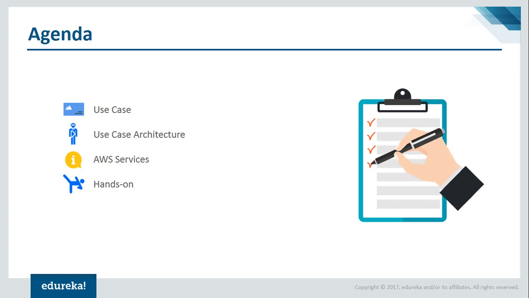We will start with a problem statement, that is our use case, and move on to discuss its architecture. Once we are clear with the architecture, we will see how we can fit AWS into it and discuss the services that we'll be using with it. And then we will start with the hands-on. Okay guys, so this is our agenda. I hope it's clear to you guys. So let's move on to the problem statement now and see what we are going to architect today.